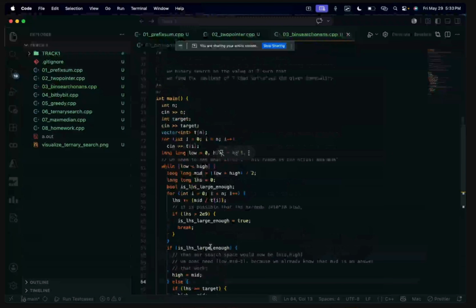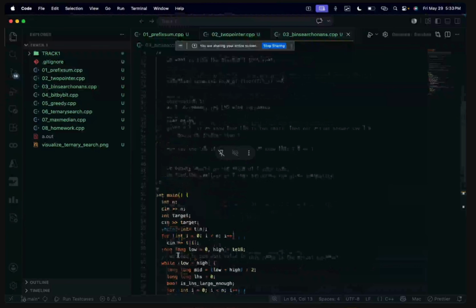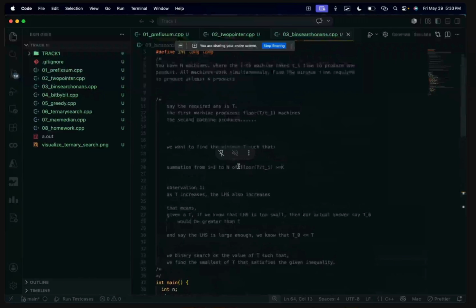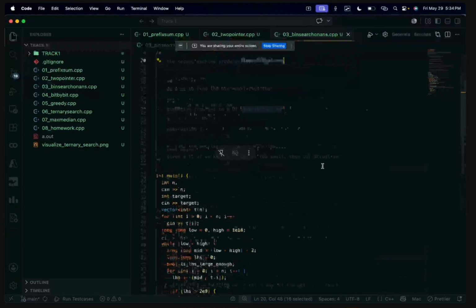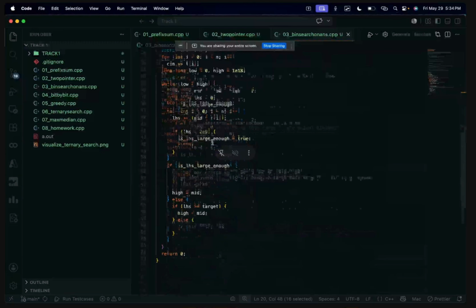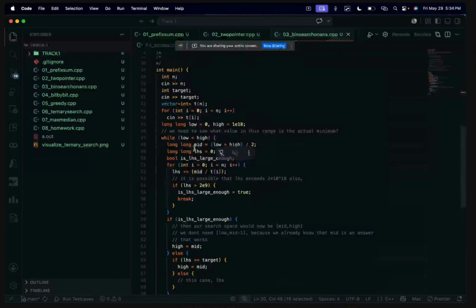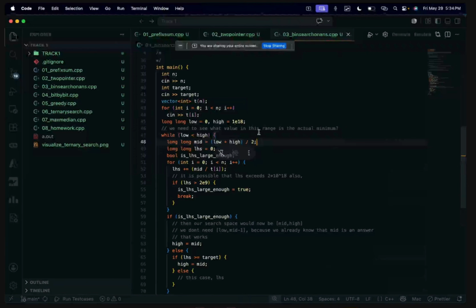Right. So we are searching for the minimum value of t which satisfies this equation, right? That means if we see a mid that satisfies our answer, we do not have to care about values which are greater than mid. Because if mid satisfies that answer, we already know that values greater than mid satisfy the answer. And we are not even interested in those values because we want a minimum such value which satisfies the equation.